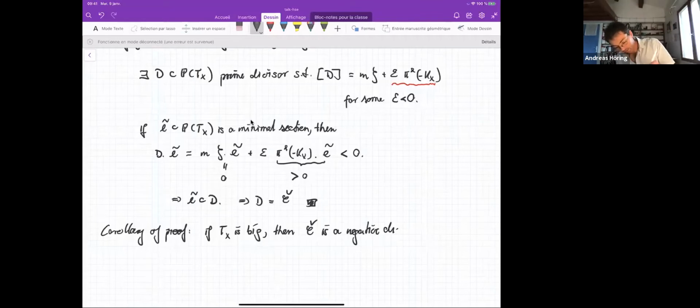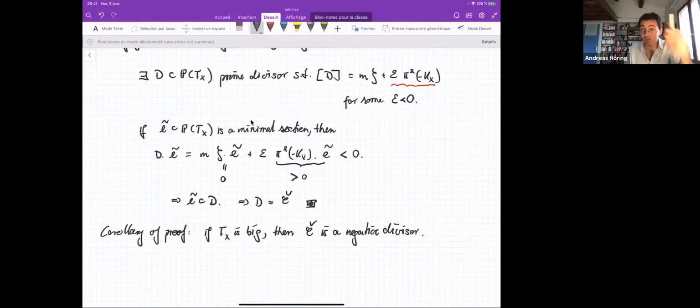So it's a negative divisor. There you see that this total dual VMRT, if the tangent bundle is big, will really play the same role as the divisor which we constructed via elliptic surfaces, via elliptic fibrations yesterday.